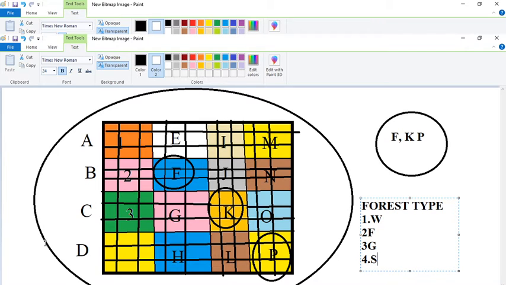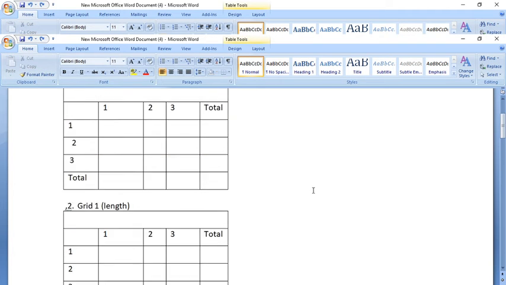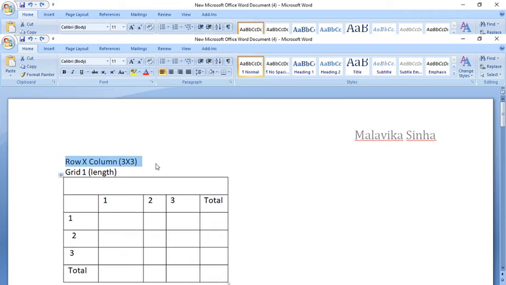Okay, then take the example of grid F. Grid F is divided into 3 rows and 3 columns. Okay, go through this page. So the matrix is 3 by 3. Okay, and we are preparing for grid F.